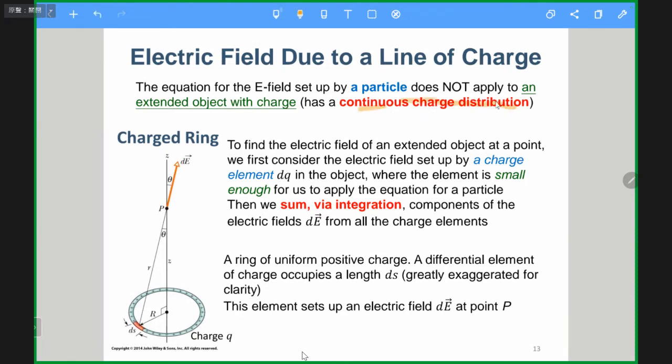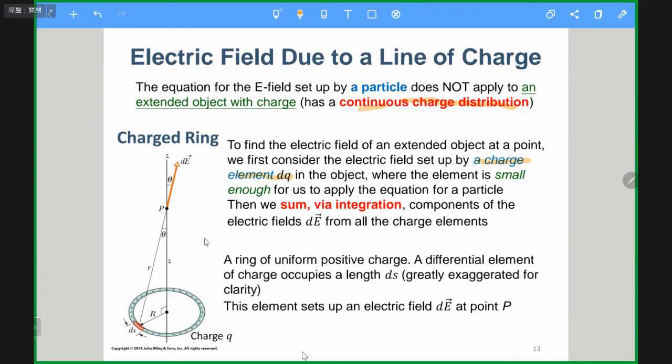Then we cannot count it one by one. So to find the electric field, we consider the E field set up by a charge element, dq, in the object, where the element is small enough for us to apply the equation for a particle, then we sum via integration the components of the electric field dE.